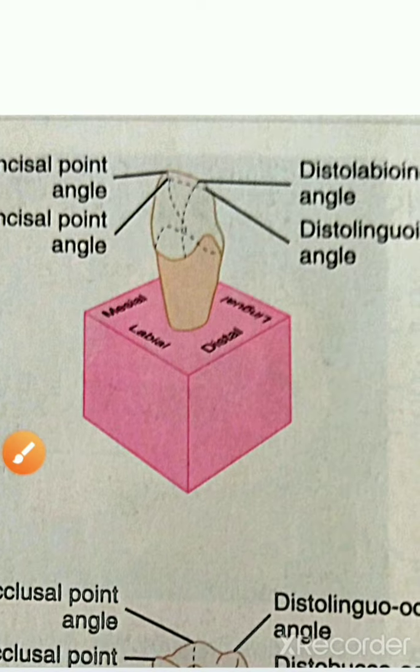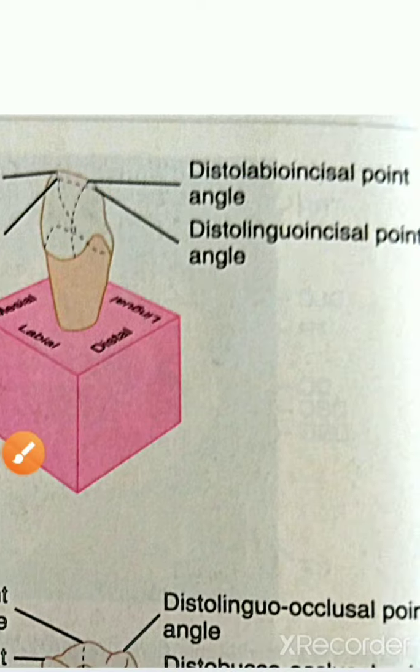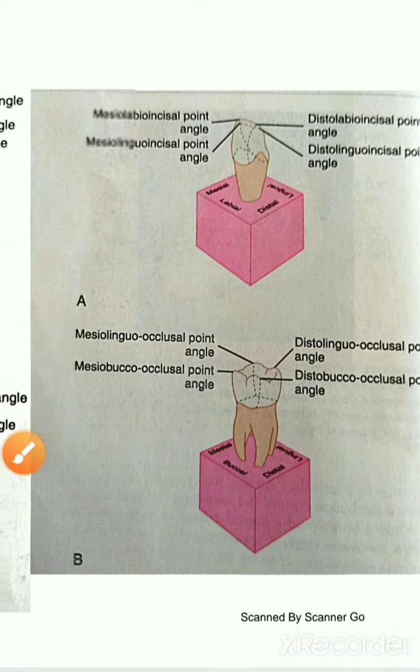When it comes to this side, this will be the distolabio-incisal point angle, and this is called the distolinguo-incisal point angle. So these are the point angles for anterior teeth.